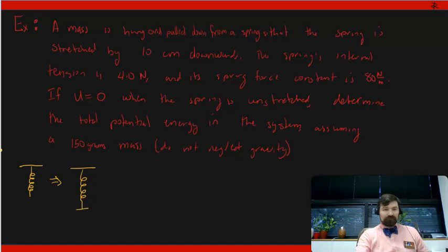Not here when I've hung the mass from it, but here where it's been further pulled down beyond that point. Now this may seem like a fairly complicated problem. We are assuming, of course, an ideal spring.